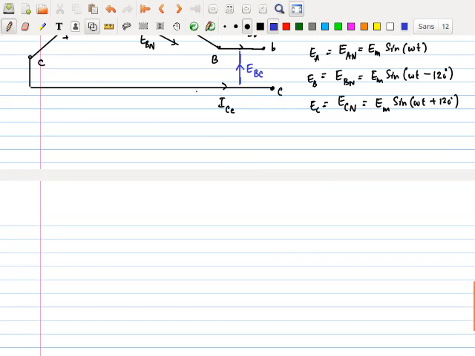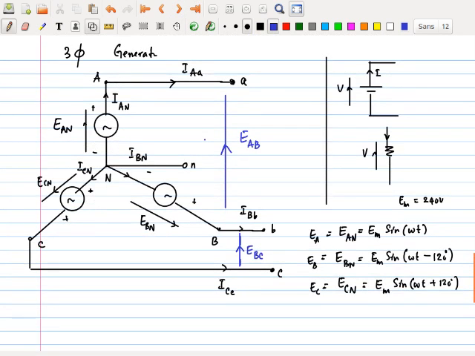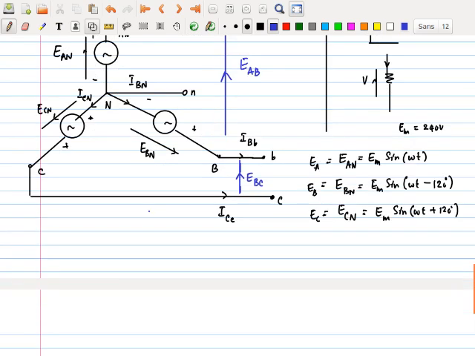Now we want to give these things basic definitions. We are going to call E of AN, E of Bn, and E of Cn phase voltages. These are called by the name phase voltage because all of these are associated with a single phase.